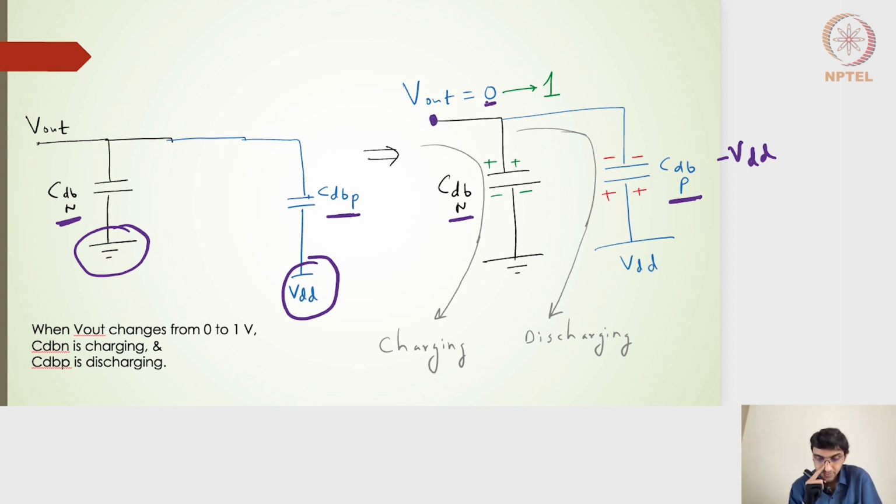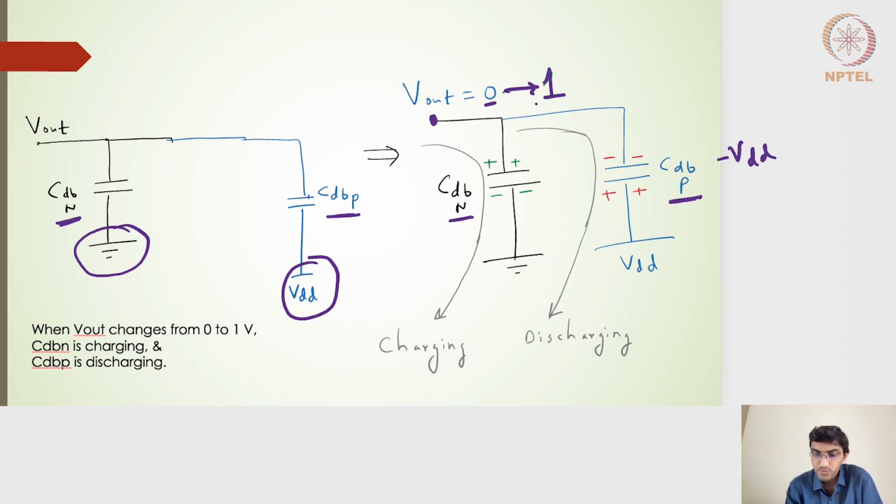Now, when the output voltage switches to 1 for an inverter, that means on the input side there is a change, from 1 to 0, and that's why we get an output voltage change from 0 to 1.